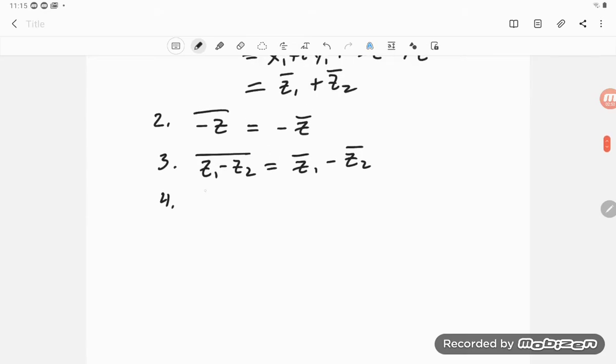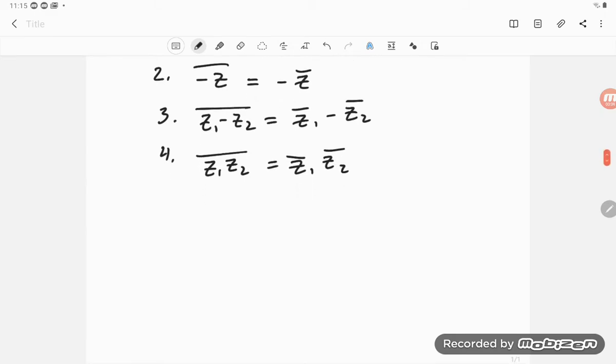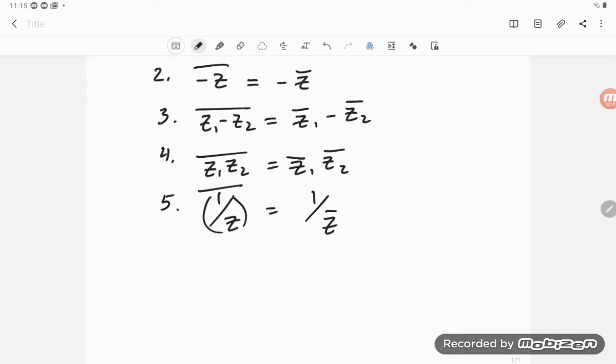If I multiply two complex numbers and then take the conjugate, I could have done the conjugate first on each one and then multiplied, so that's nice. If I'm taking 1 over z and I take that conjugate, then that's just the same thing as 1 over z conjugate.